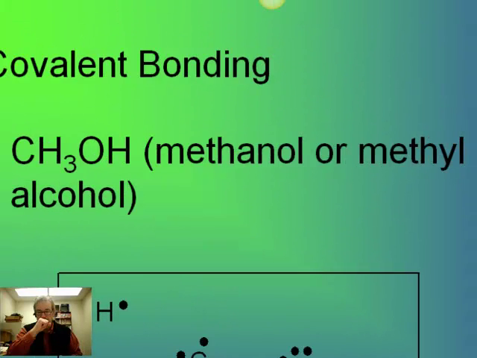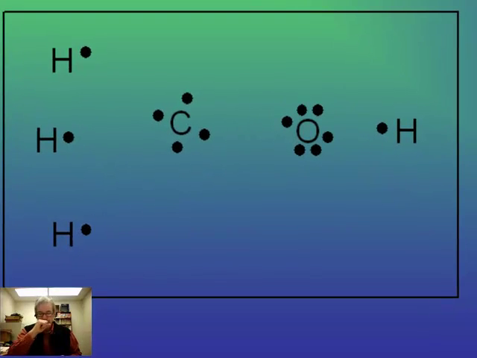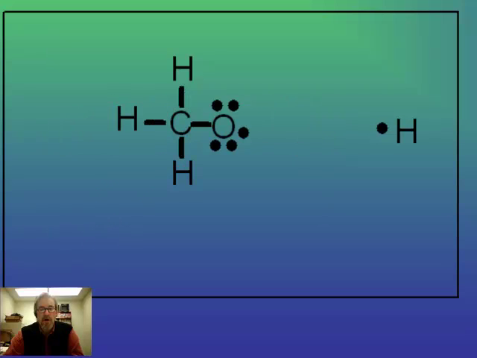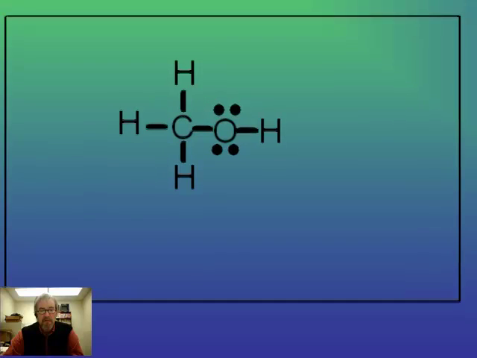Let's look at some other examples to get an idea of how this can occur with lots of different nonmetals. This is an example of something called methanol, or methyl alcohol. It's made of carbon, oxygens, and hydrogens. There's sharing there, and there, and there. Every place a pair of electrons is shared, a bond forms, and the bonds are represented by sticks in these diagrams.